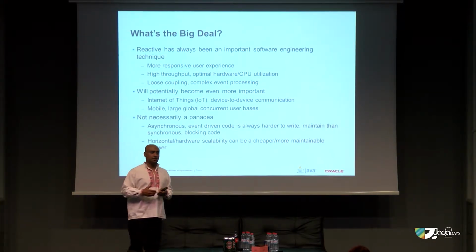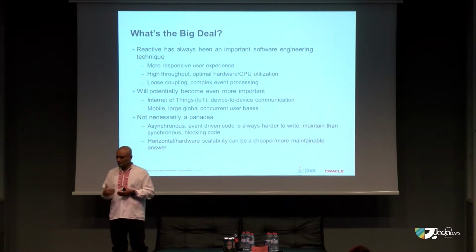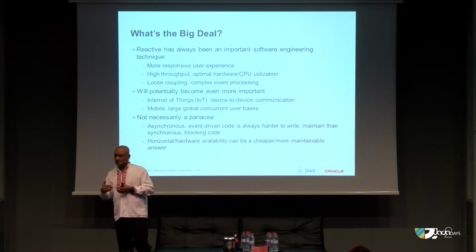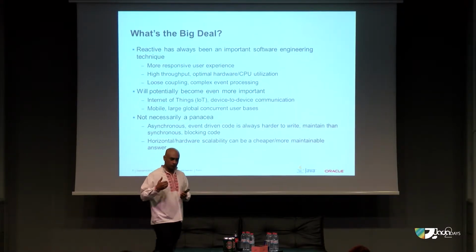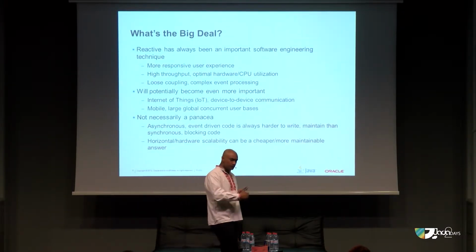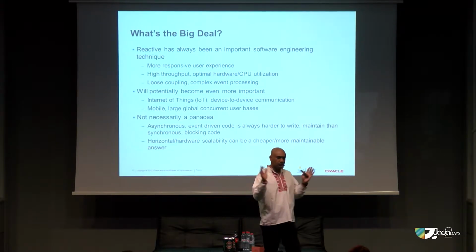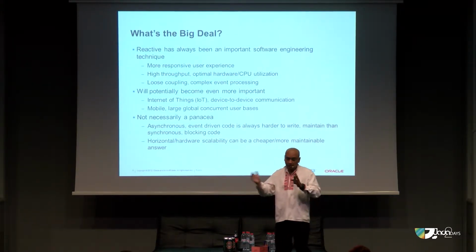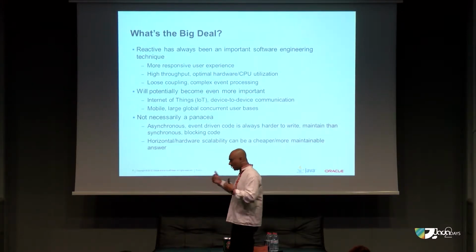More importantly, another core goal we want to accomplish through these reactive programming paradigms is principally high throughput, which means as much as you can process in a given amount of time, not necessarily as fast as possible, mind you, but as much as possible over a period of time. And how do you do that?